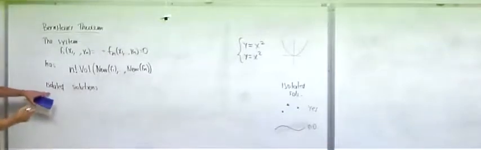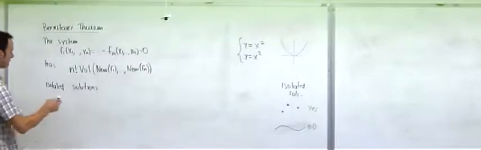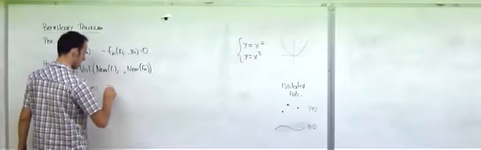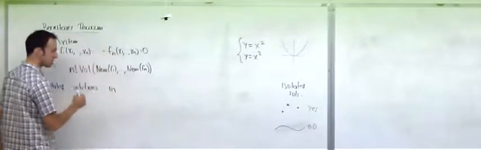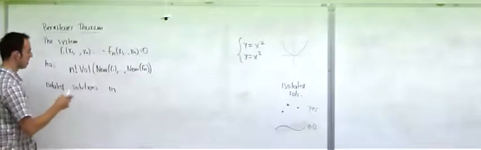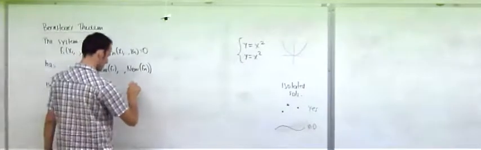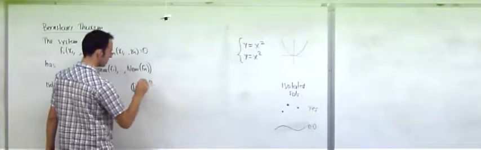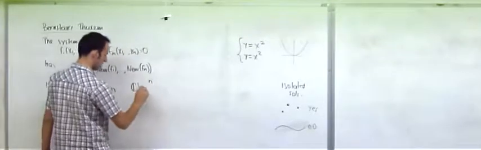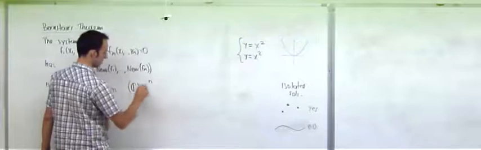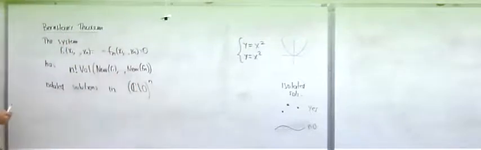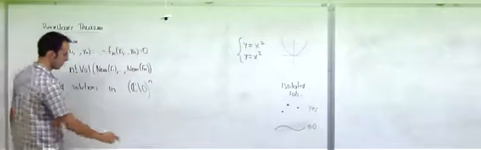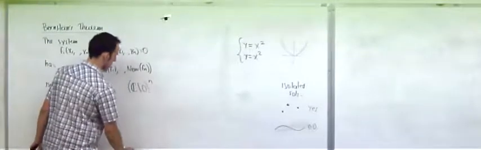And I already told you this last time, but what I didn't tell you last time is that this counts the number of solutions in, it's not C to the n, but C minus the 0 to the n. Okay.